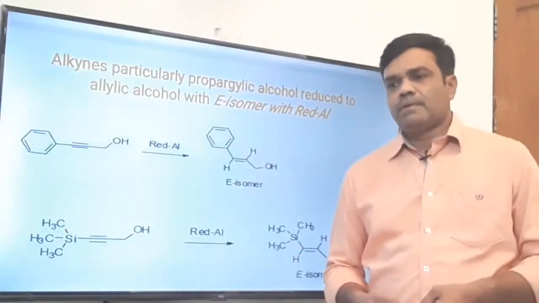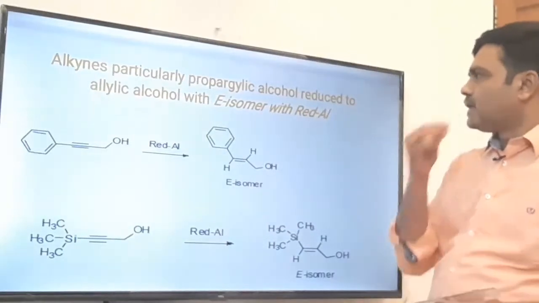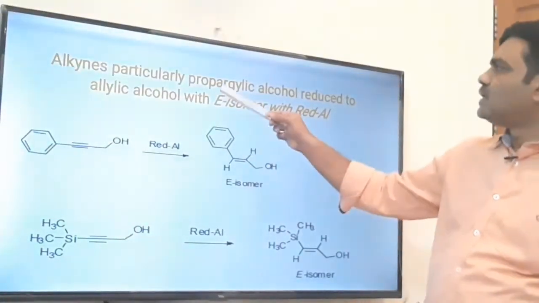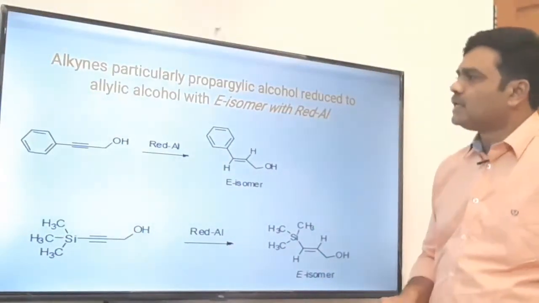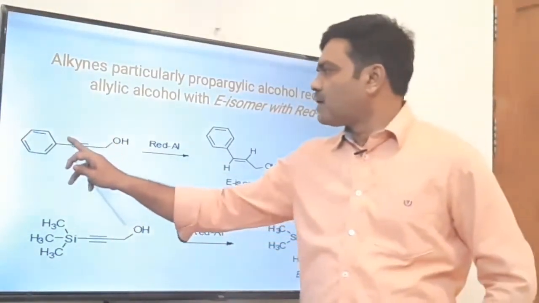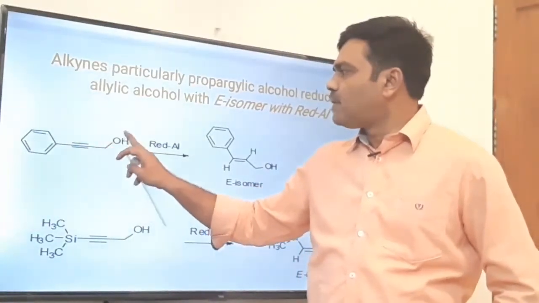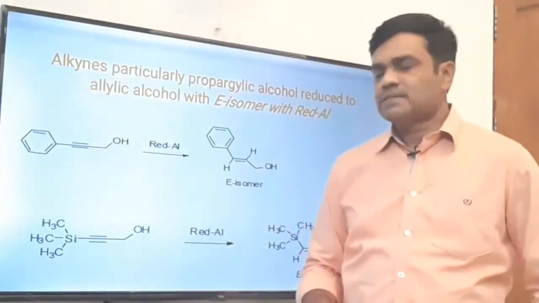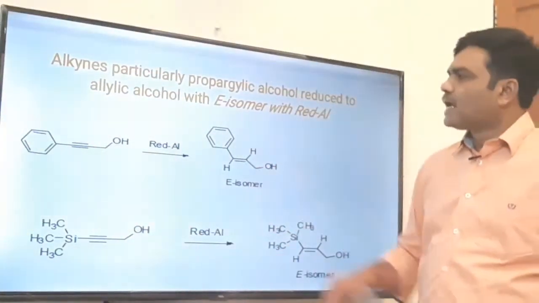Now this particular reduction is related only to the propargylic carbon-carbon triple bond. This is the alpha carbon with respect to this functional group. At the alpha carbon there is an OH group. In such a case, the carbon-carbon triple bond is reduced.